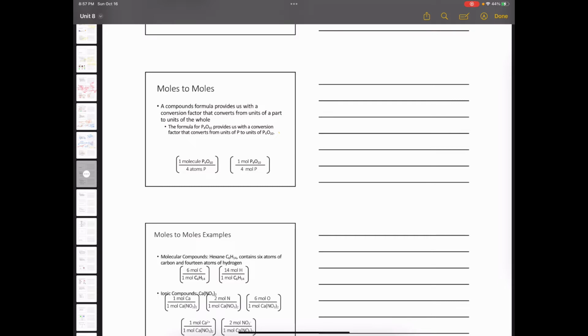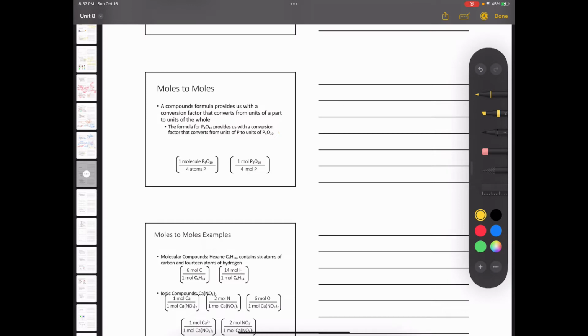A compound formula provides us with a conversion factor that converts from units of a part to units of a whole. So when you're looking at something like phosphorus oxide, P4O10, the 4 for the phosphorus and the 10 for the oxygen, it helps us convert between the part, for example the units of phosphorus, to the unit of phosphorus oxide as a whole chemical formula.